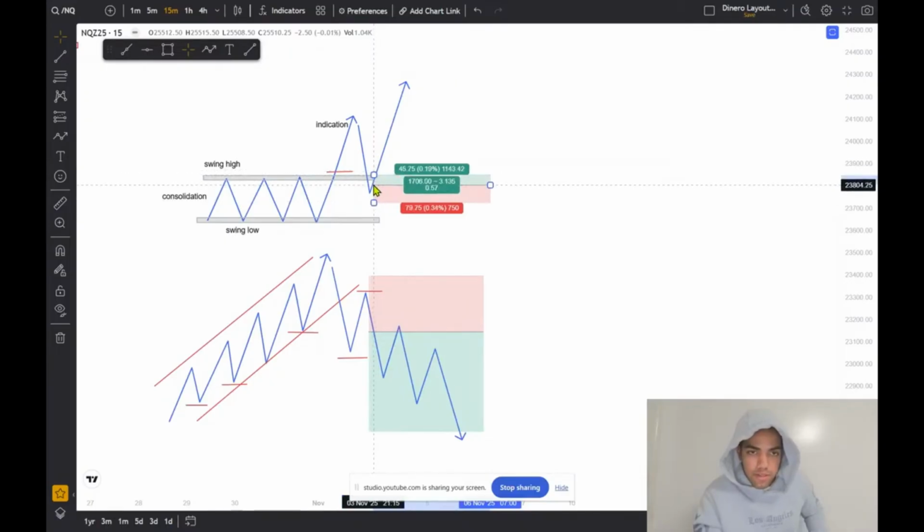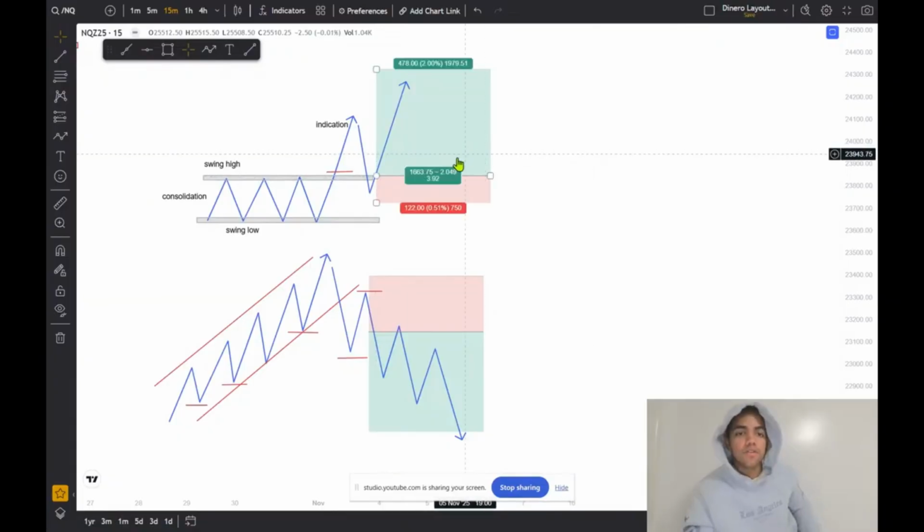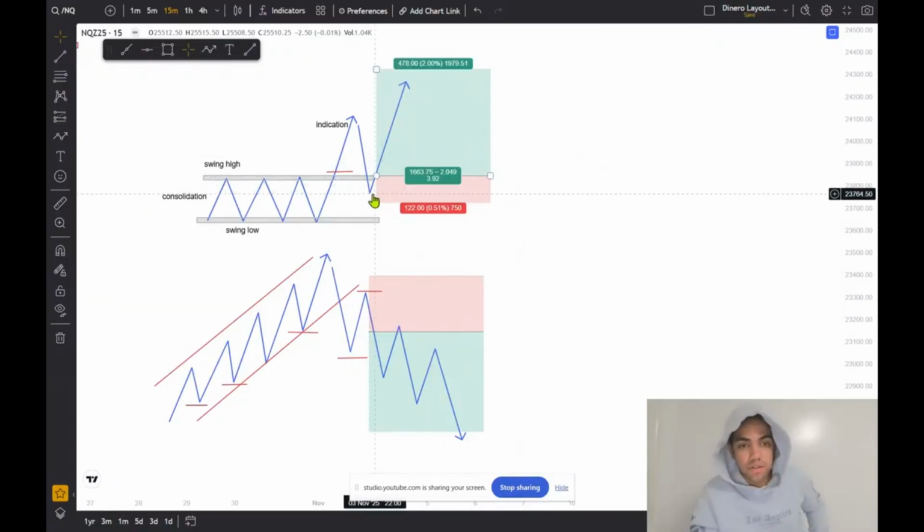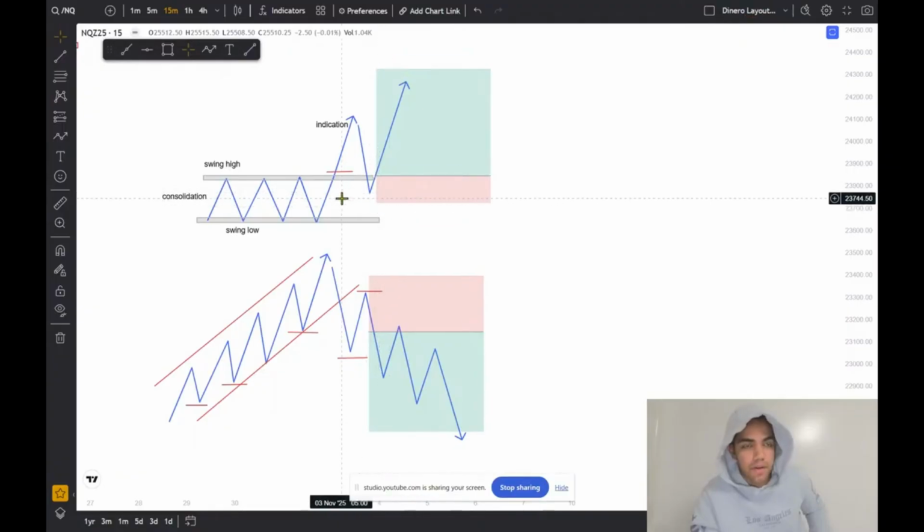Let me just move this real quick. There you go. So you would set your stop loss below the swing, below the higher low that it made, right? You would set your stop loss below that higher low.